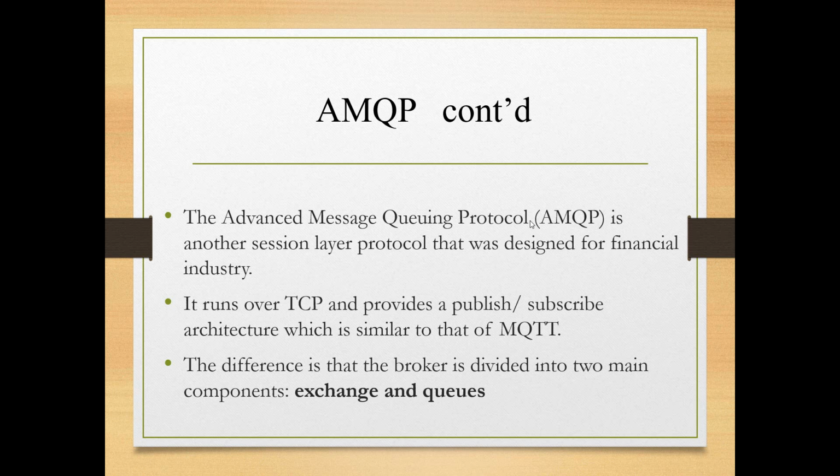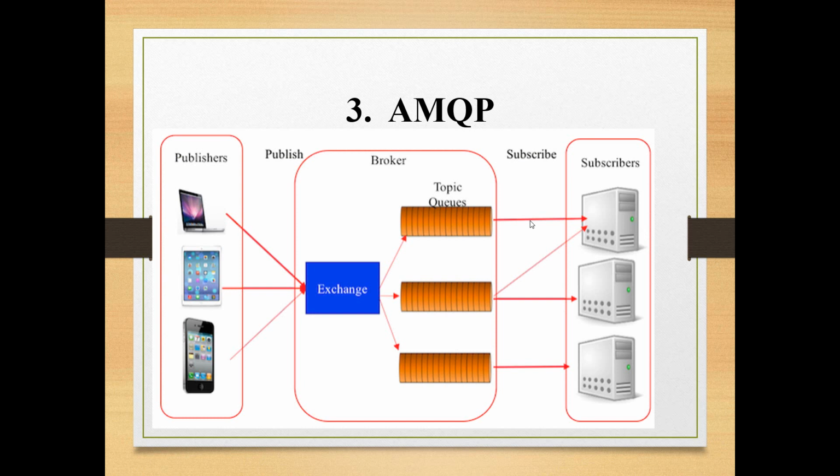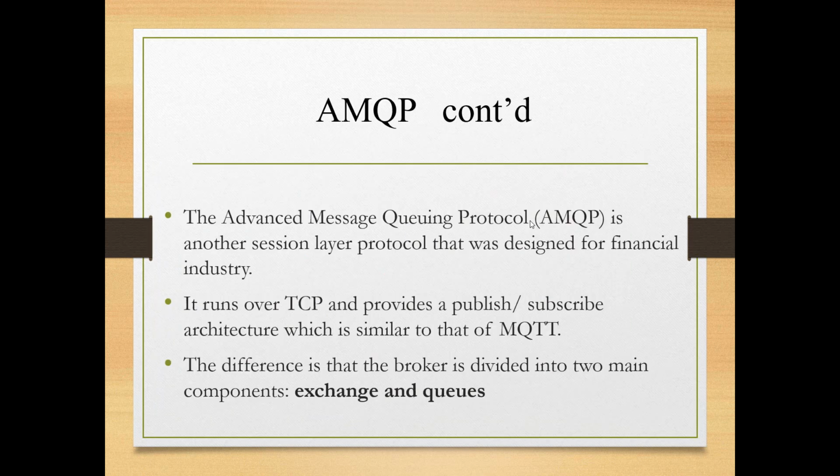It runs over TCP and provides publish and subscribe architecture like the MQTT. The only difference between them here is that the broker is divided into two parts. The broker has the part of the exchange and the topic or queue.